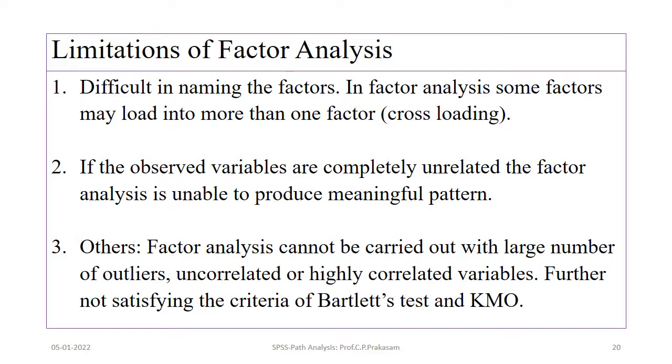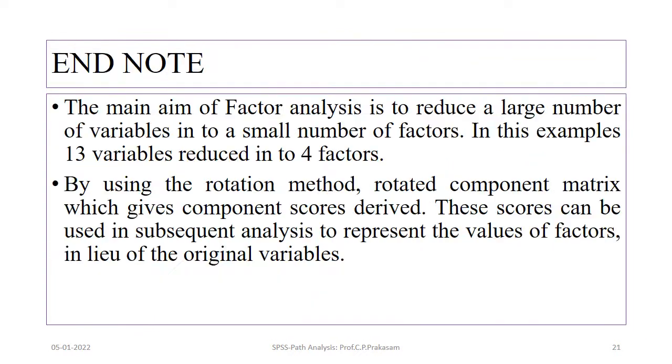Other limitations are there. Factor analysis cannot be carried out with a large number of outliers, or with uncorrelated and highly correlated variables. Further, if the KMO and Bartlett tests are not satisfied, factor analysis should not be carried out.